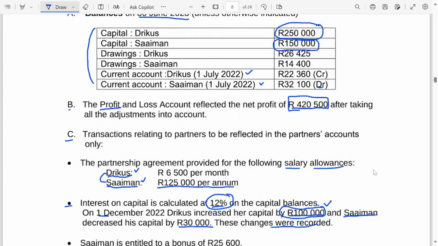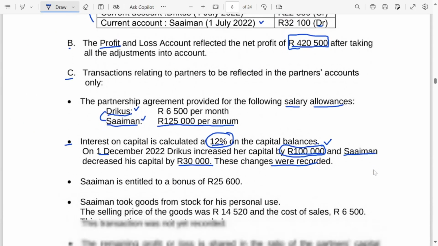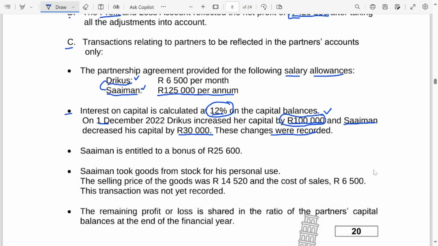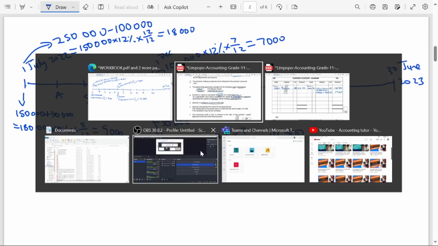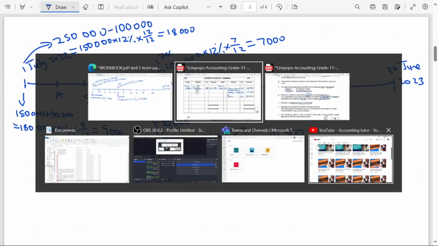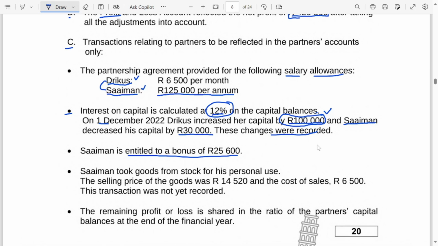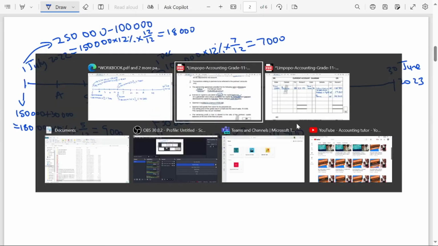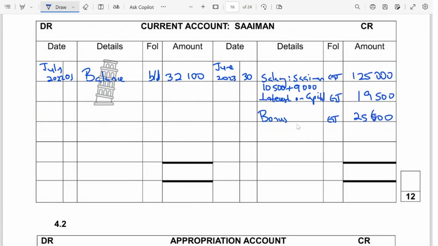Now the next one. Simon is entitled to a bonus of 25,000. So we have a bonus, so we must go and record it. We must record the bonus on the credit side of the current account. 25,600.